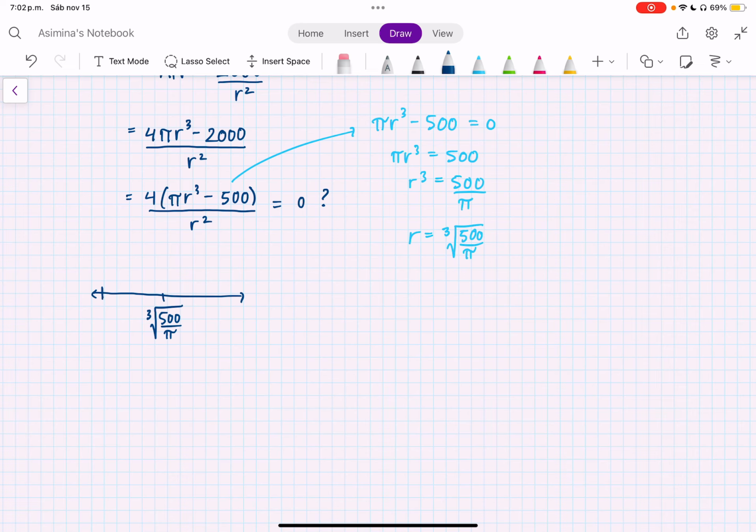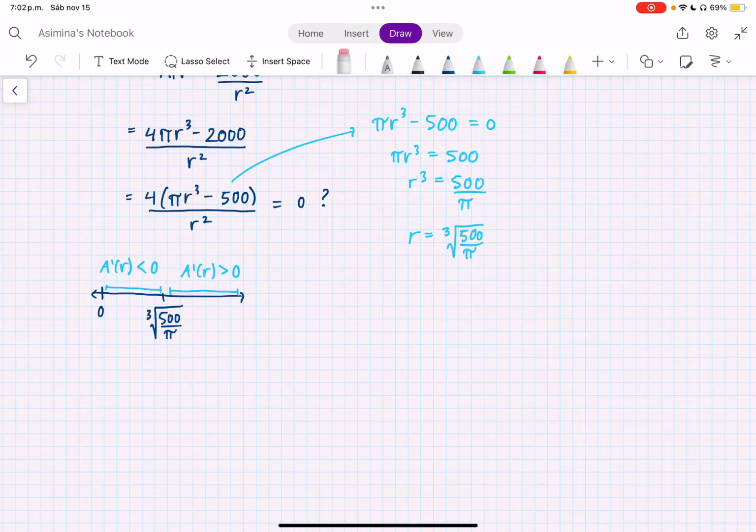And we know that r is bounded below by 0, so you can choose some value between 0 and this number, let's say 1, and if you plug that into the derivative, 4 times pi r cubed minus 500 all over r squared, we see that in this interval here, the derivative is less than 0. Now we can choose a number larger, let's say 100, and if you plug 100 into 4 times pi r cubed minus 500 over r squared, we see that on this interval, A prime of r, the derivative, is greater than 0.